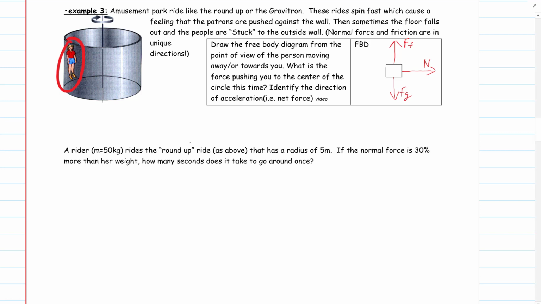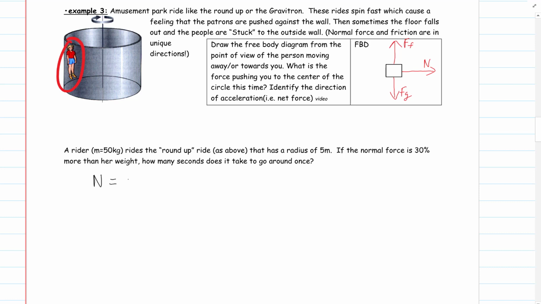A rider, 50 kilograms, rides this Roundup ride, and it has a radius of 5 meters. If the normal force is 30% more than her weight, how many seconds does it take to go around once? Okay. So we have that the normal force is 30% more than her weight.